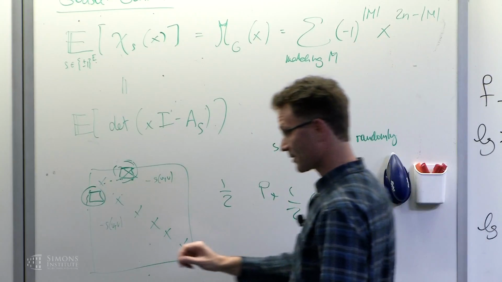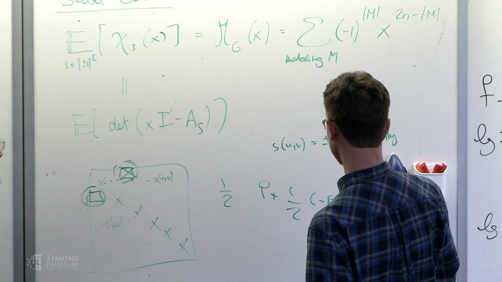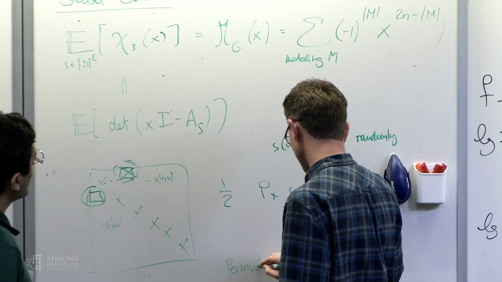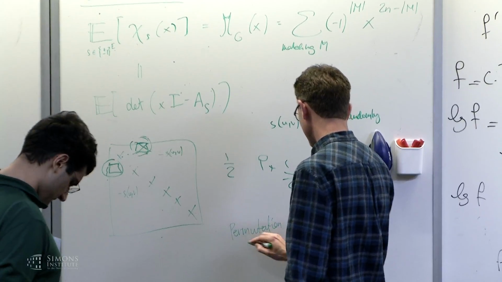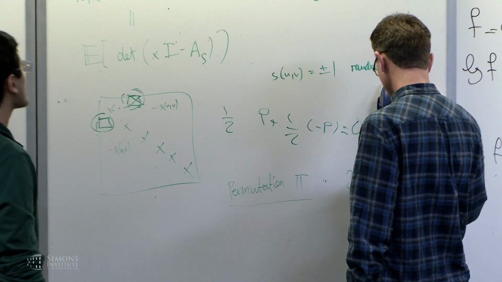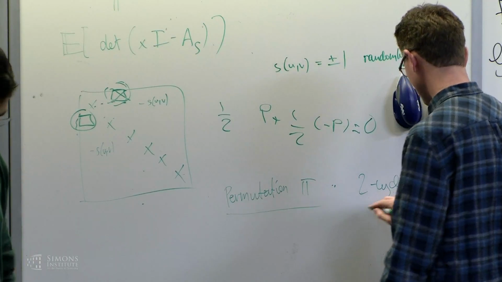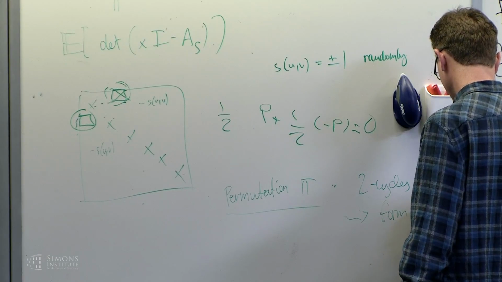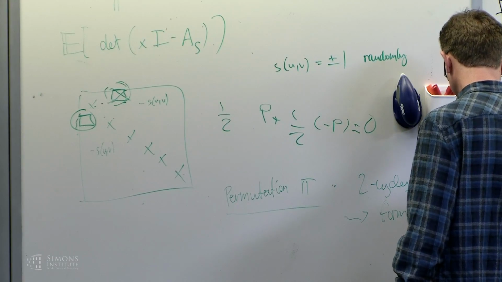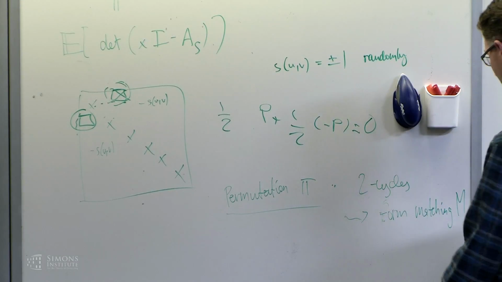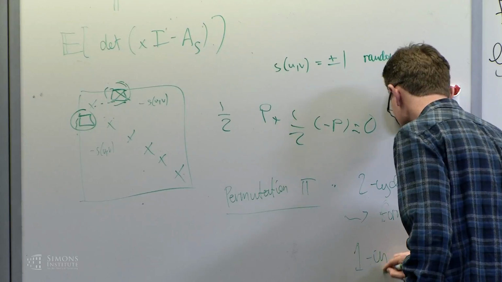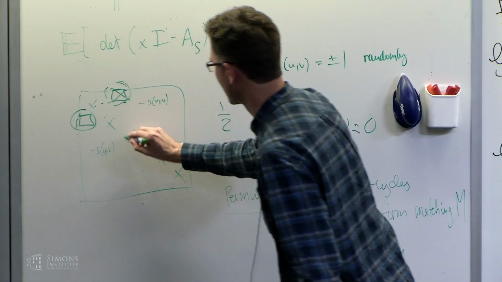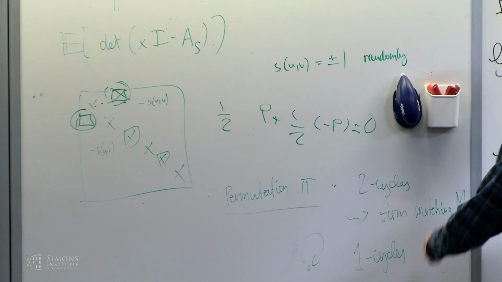So let's actually verify this. You were suspicious, but I think it's correct. The contribution of a permutation phi consisting of 2-cycles: the 2-cycles must form a matching, not necessarily perfect. And then we have some 1-cycles, which are the entries on the diagonal, the vertices not covered by the matching.